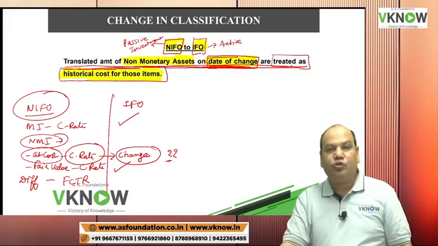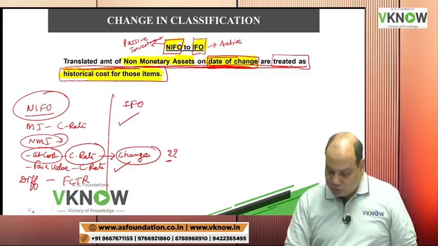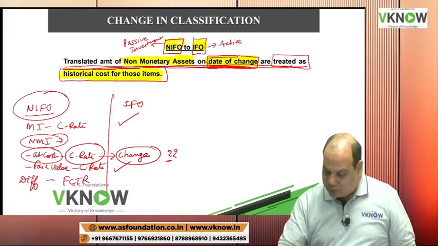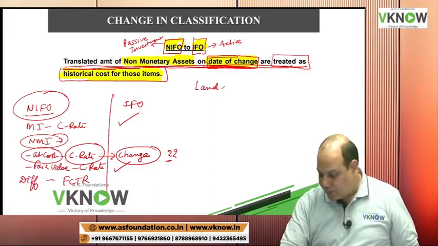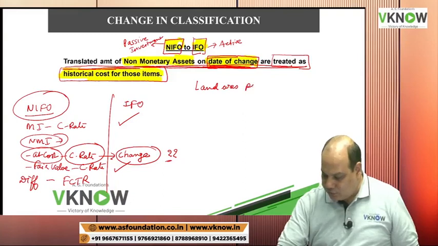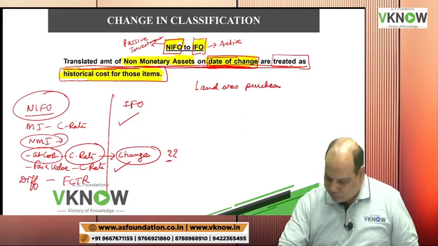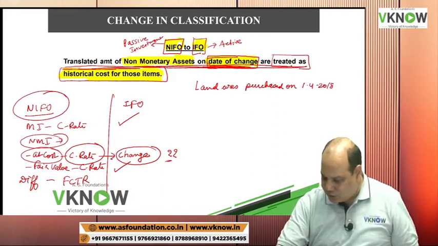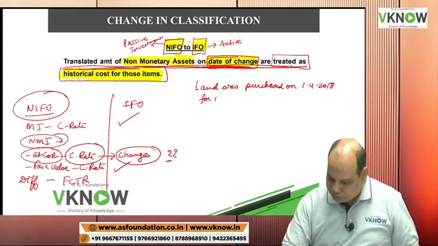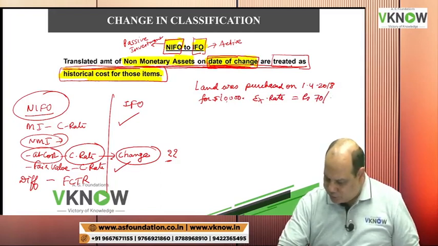I will explain it with the help of numbers. Land was purchased on 1/4/2018 for $10,000, so the exchange rate was rupees 70 per dollar.